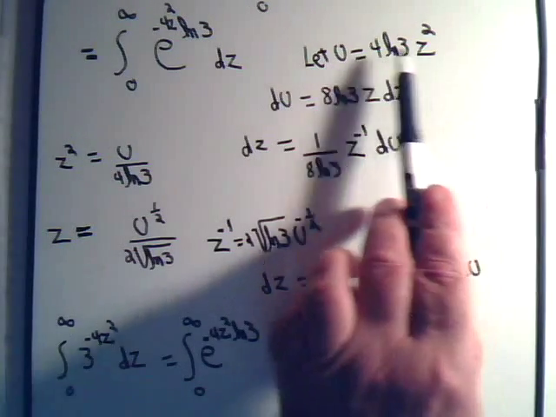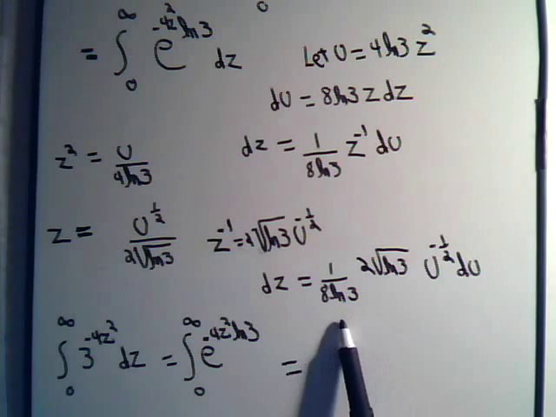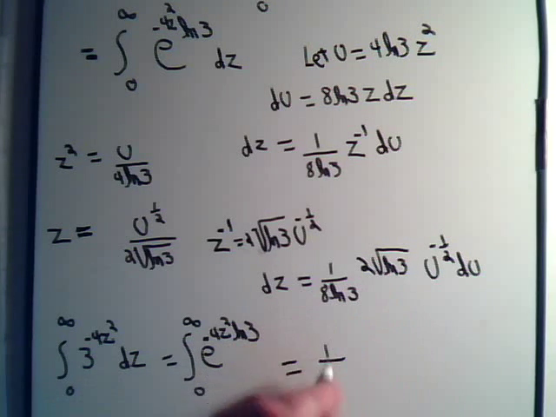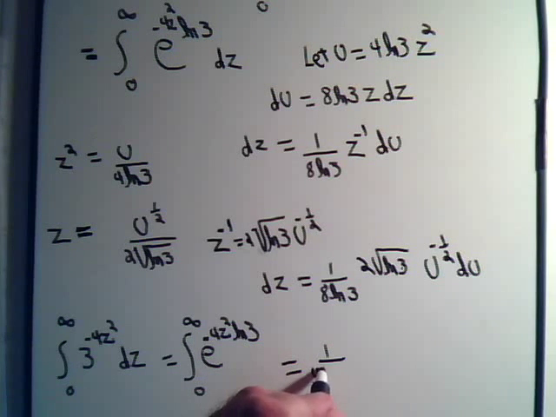If z is infinity, u is infinity. So this integral is going to become, with this on the outside, 1 over 4 times the natural log of 3.